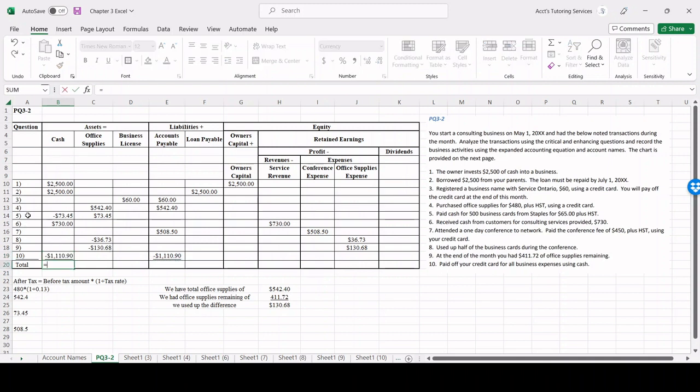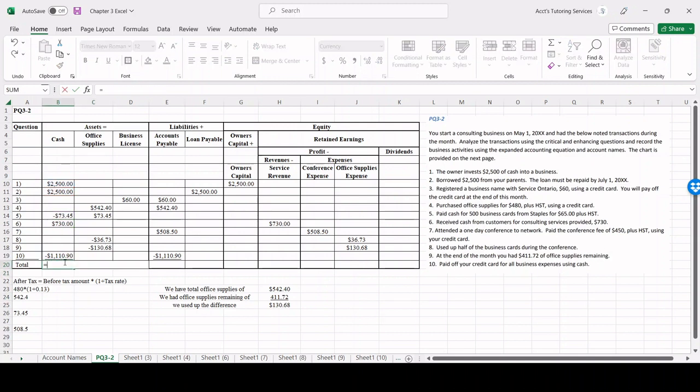Now to calculate the balance in each account, we're going to simply do simple math. So 2,500 plus 2,500 plus negative 73.45 plus 730 plus negative 1,110 and 90 cents.